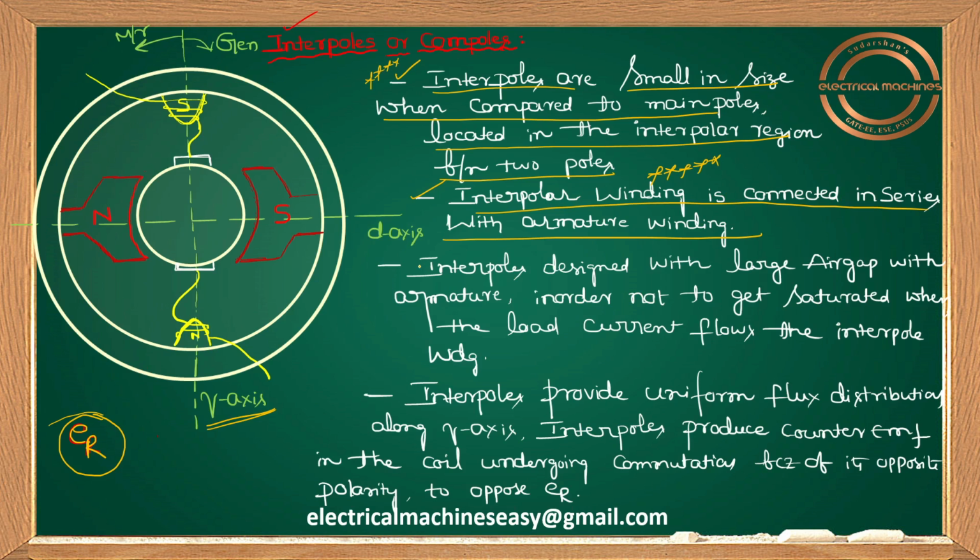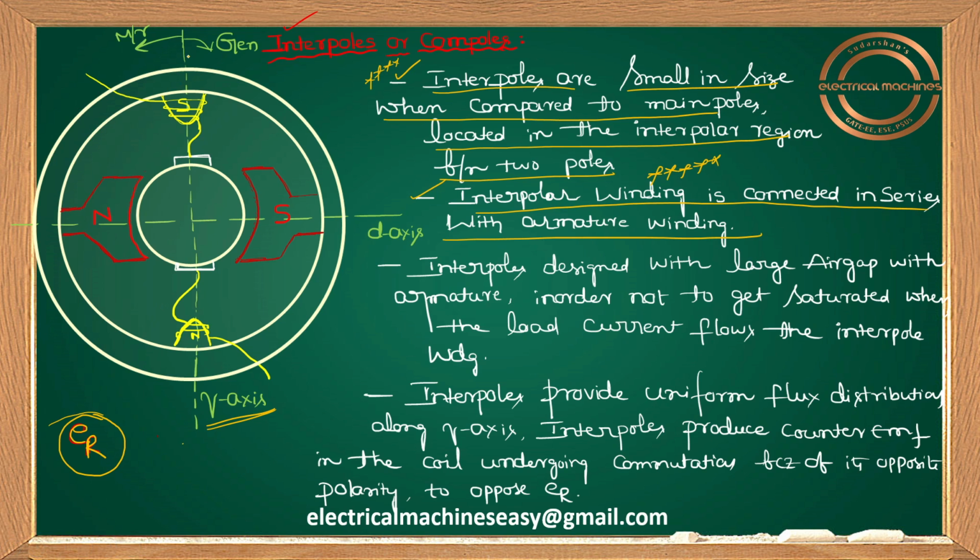Next, if you remember, while I was discussing the compensating winding, I told you that, no doubt, it will neutralize armature reaction. It provides uniform flux distribution along the polar region, or the d-axis, and it reduces flashover on the commutator surface. That means the compensating winding provides uniform flux distribution along the d-axis only.